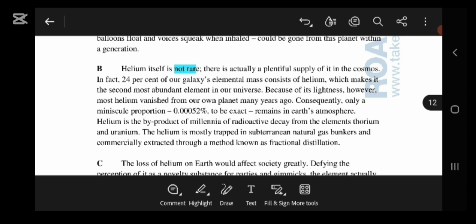The helium is mostly trapped in subterranean. Oh, I've seen something. I'm doing this on the spot, which is why I couldn't tell immediately, but then I have seen something. The helium is mostly trapped in subterranean natural gas bunkers and commercially extracted through a method known as fractional distillation.